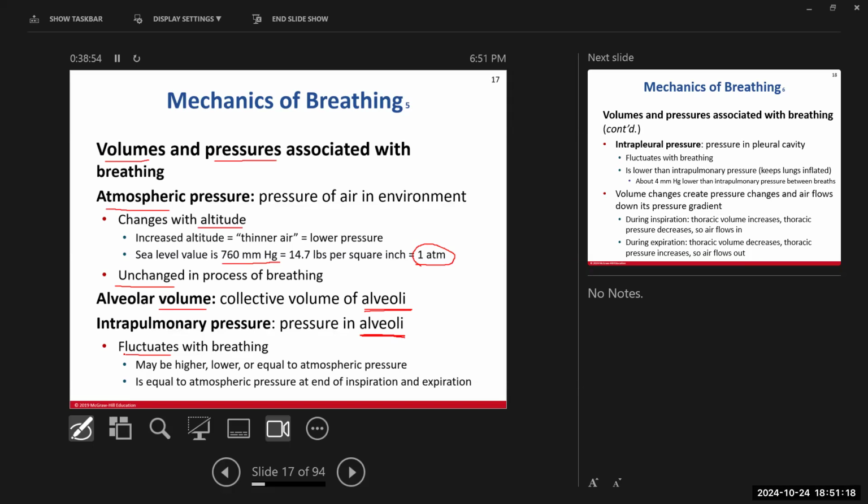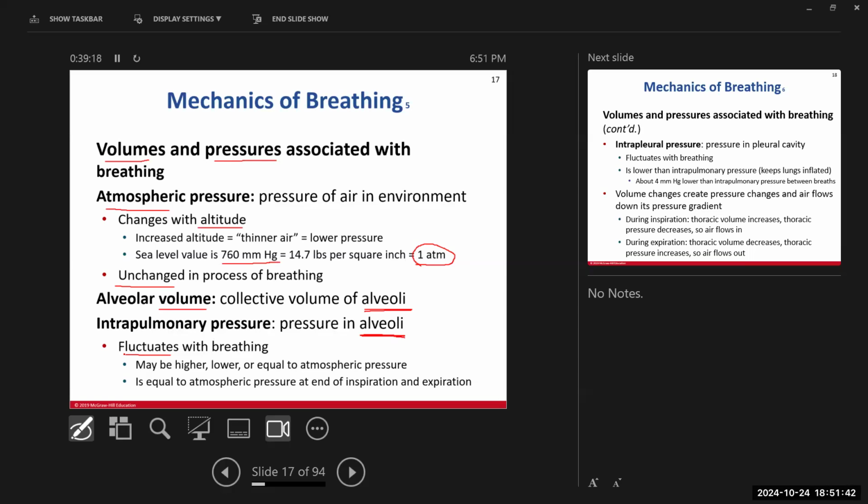Your lung pressure, the intrapulmonary pressure, is the one that's going to change when you are breathing. So again, one more time. It's either going to be higher than the air pressure in the room, so higher than 760 millimeters of mercury. It could be 761, 762. It can be lower, so it could be 759, 758, or it's going to be the same.